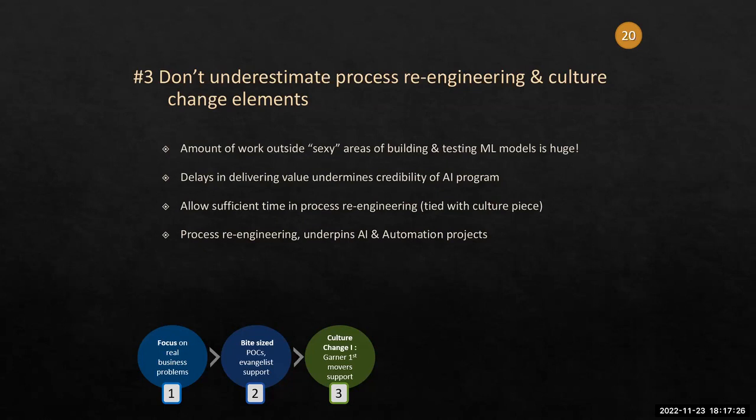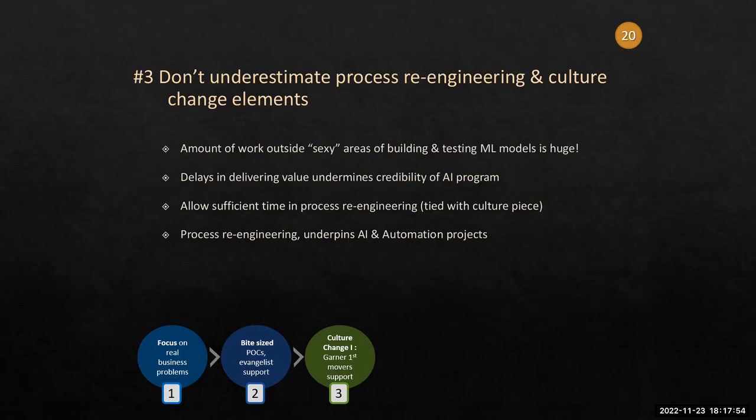Delays in delivering value undermine the credibility of the AI program. So small chunks, like I said, very important, but always provide enough time for process re-engineering, because people are comfortable doing things the old way. Why should they change? So a lot of focus has to be on the human element. The technical elements, as I said, you guys probably already have at the back of your hand.